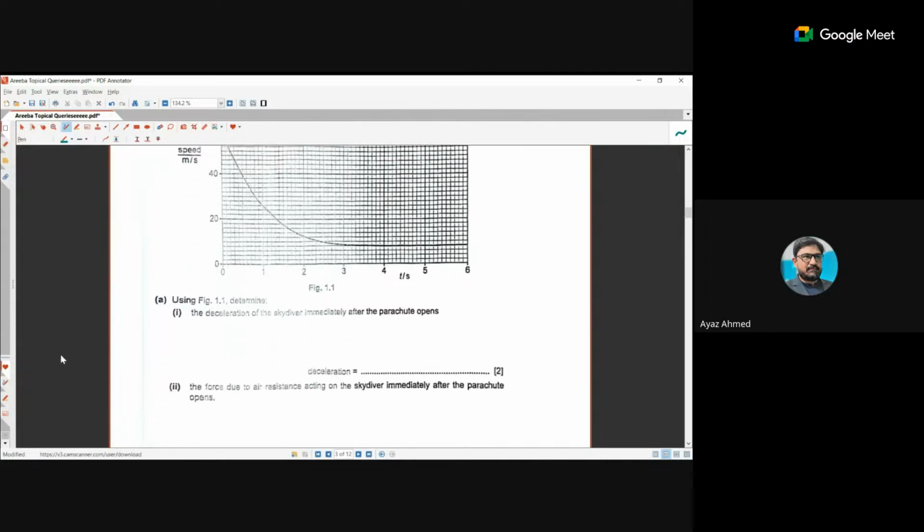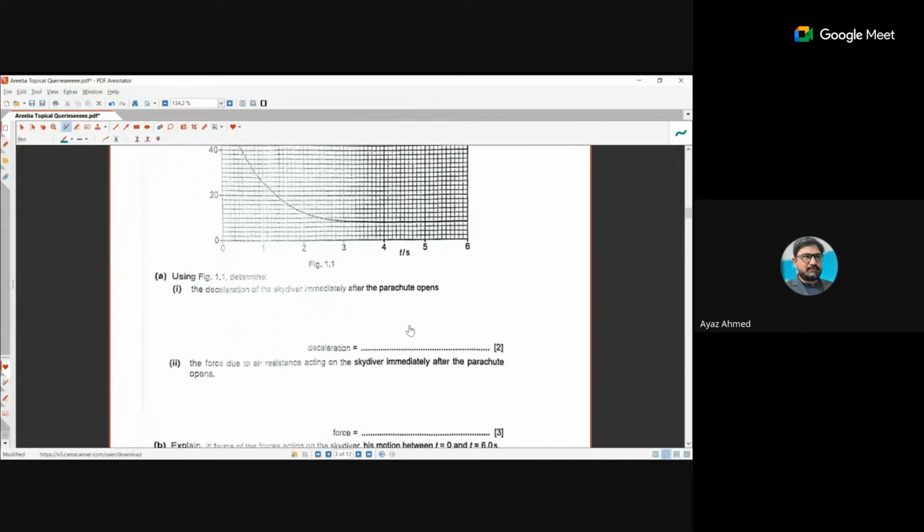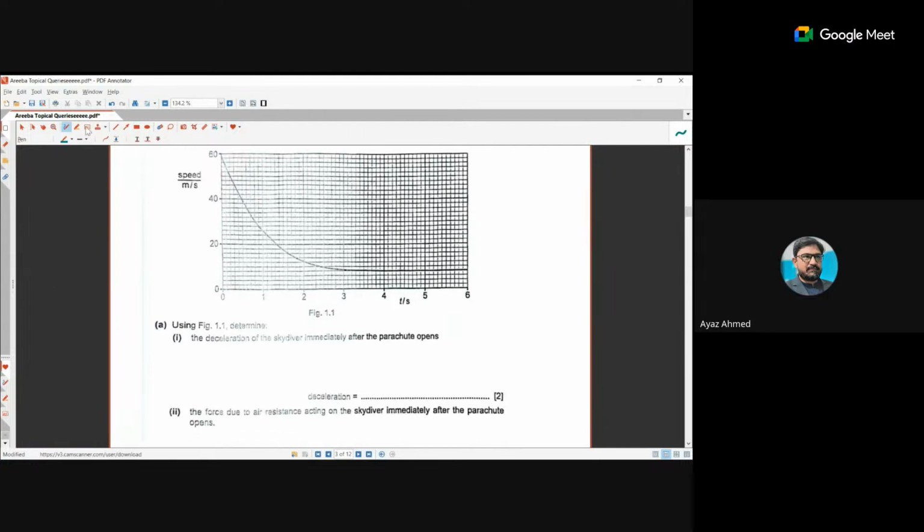Okay, in this one, using figure 1.1 determine the deceleration. So I told you how to figure out the deceleration. Basically, the deceleration will be determined by using the gradient of the graph, that is, the gradient of the straight part. Gradient of the straight part can be calculated something like this. At which point?